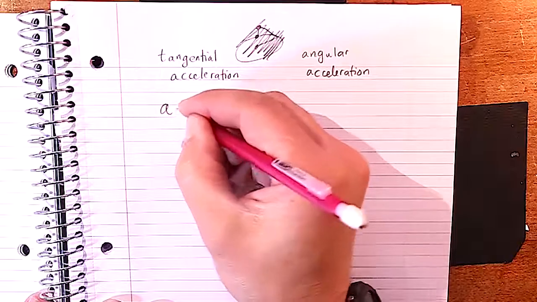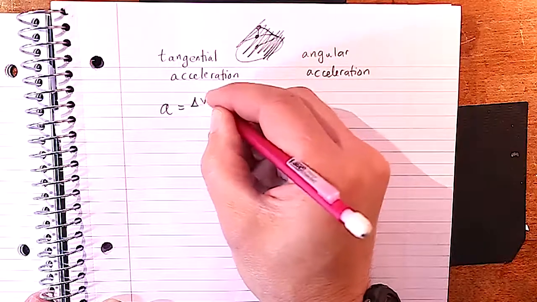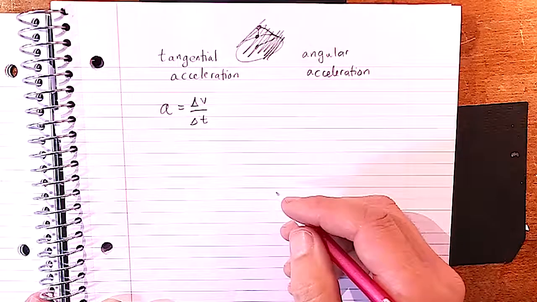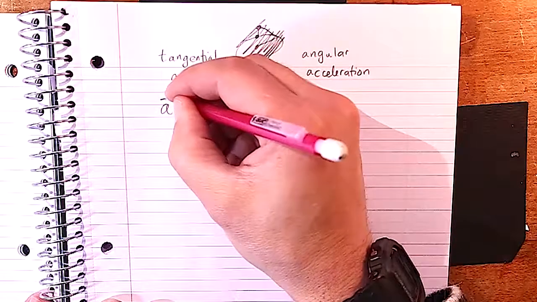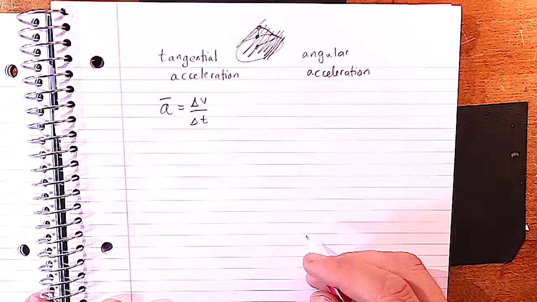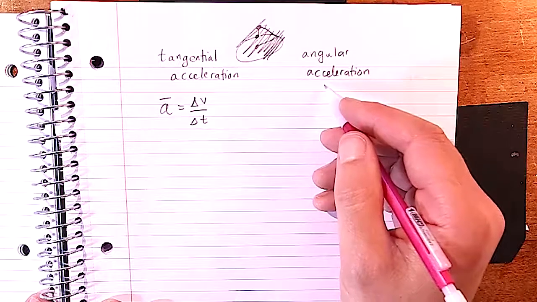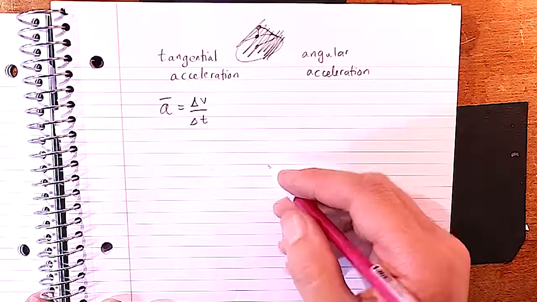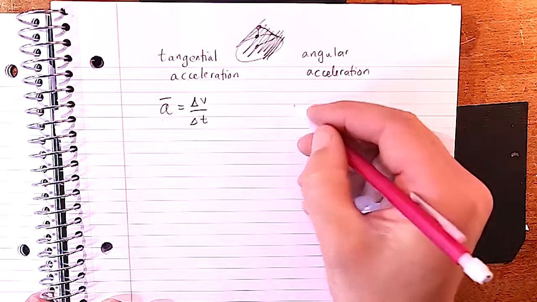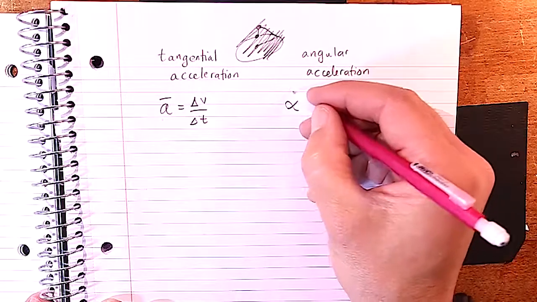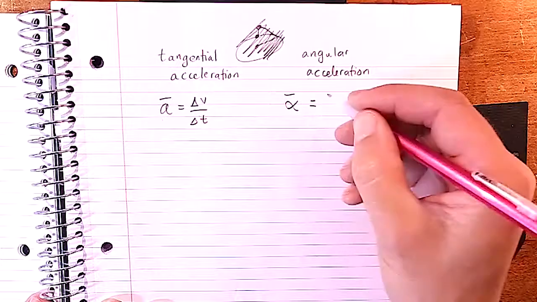So for the basics, we have a is equal to delta v over delta t. So we know that's acceleration, but that's also average acceleration. We're not dealing with a changing acceleration. So what would the angular acceleration version of this be? Well, we use the Greek letter alpha for angular acceleration, and that would be the change in what?